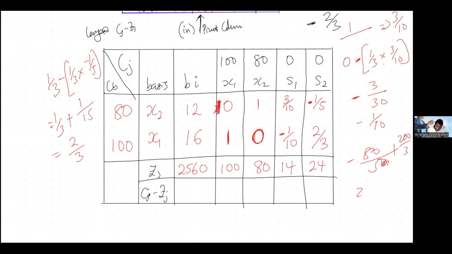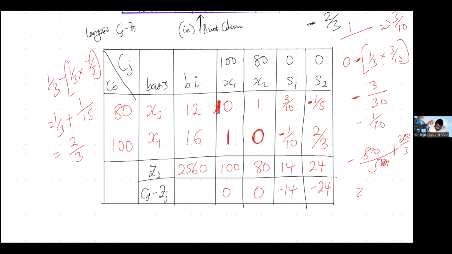So Cj minus Zj will be 100 minus 100 is 0. 80 minus 80 is 0. 0 minus 14 is negative 14. 0 minus 24 is negative 24.